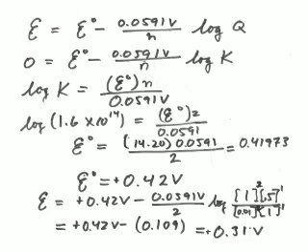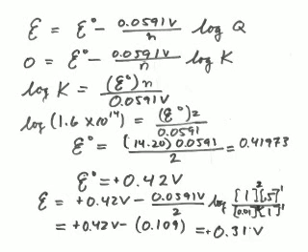At equilibrium, the cell potential, of course, is 0. So epsilon 0 minus 0.0591 divided by n, log K. So log K is epsilon 0 multiplied by n divided by 0.0591 volts. Well, we were told the equilibrium constant, 1.6 times 10 to the 14th.